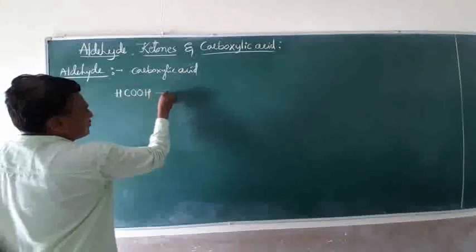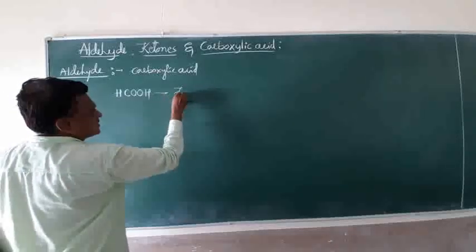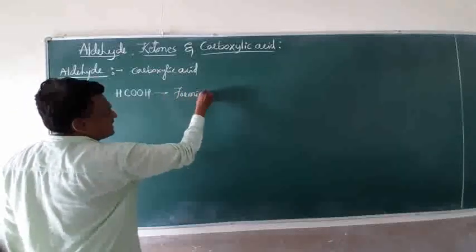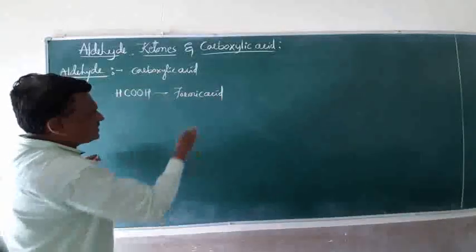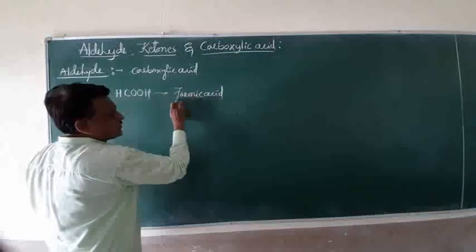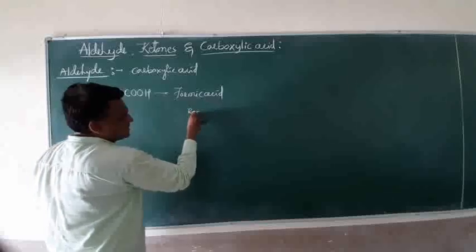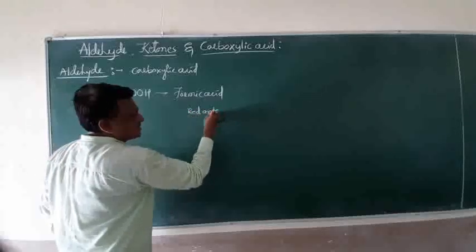HCOOH is called formic acid, and formica is nothing but red ants in English.